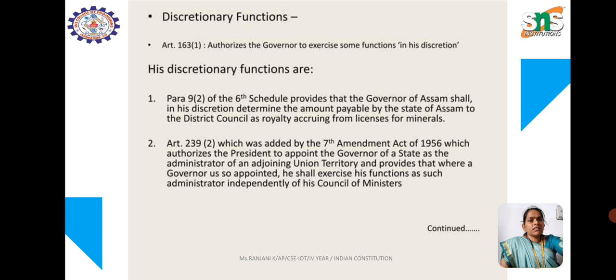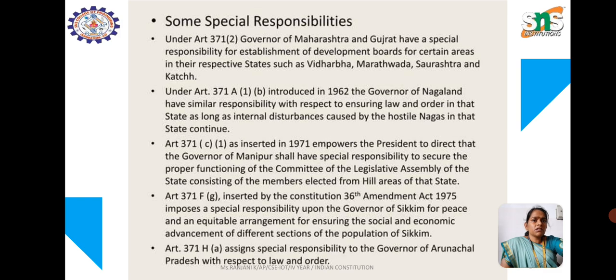Next, let us see the discretionary power. Here the Sixth Schedule provides that the governor of Assam shall in his discretion determine the amount payable by the state of Assam to the district council as a royalty for licenses for minerals. These are the discretionary powers and some of the special responsibilities of the governor. The governor of Maharashtra and Gujarat has a special responsibility for the establishment of development boards for certain areas.